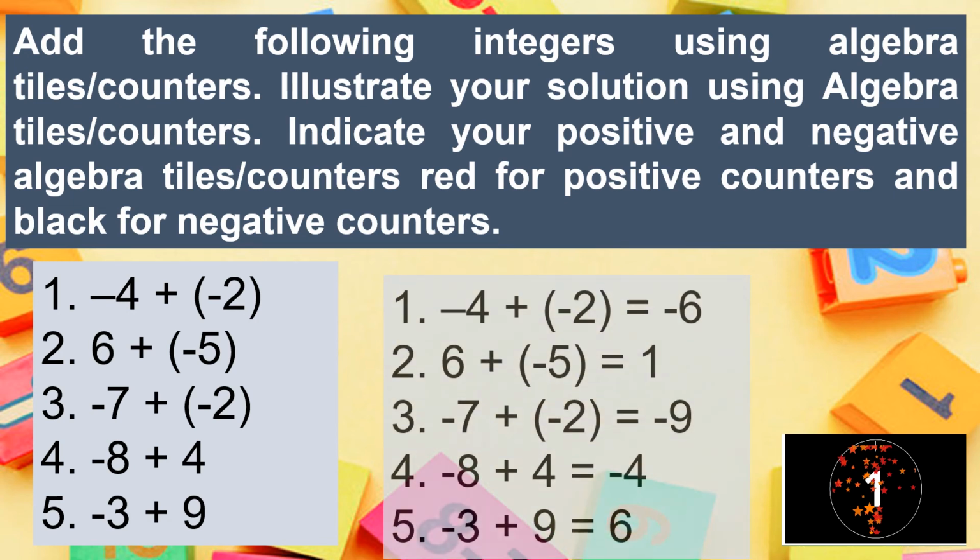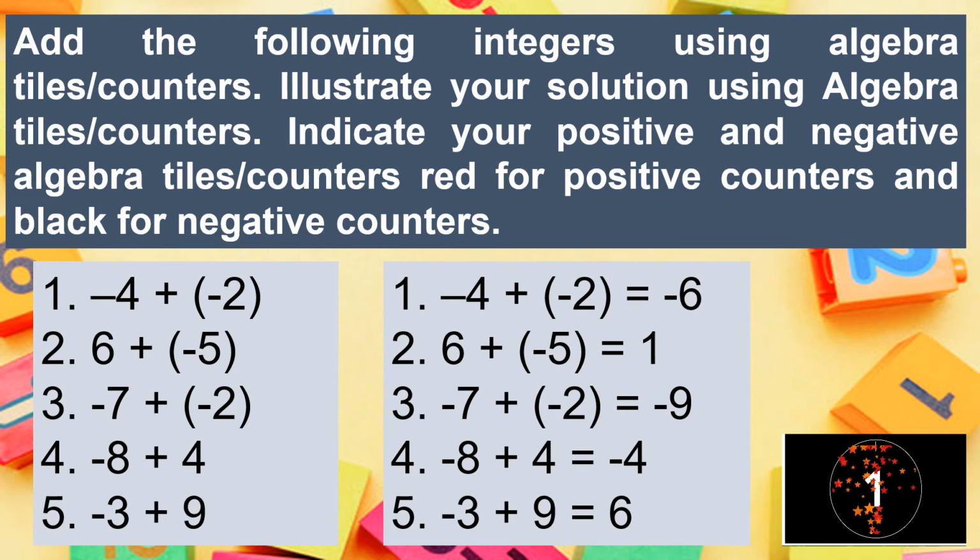Okay, so the answer: number 1, negative 6. Number 2, positive 1. Number 3, negative 9. Number 4, negative 4. Number 5, positive 6. So, as you can see, kung alin yung may malaking digit number, yun yung magiging answer. Halimbawa itong number 1, dahil sila ay parehong negative, negative yung sagot. Itong number 2, dahil mas malaki yung 6, kaya naging positive 1 ang sagot.